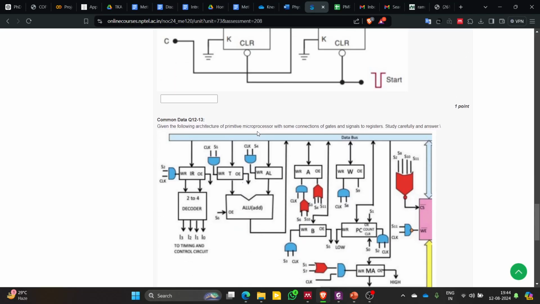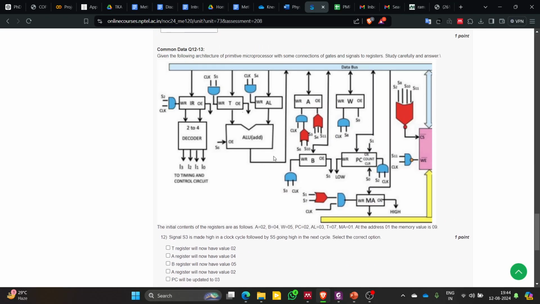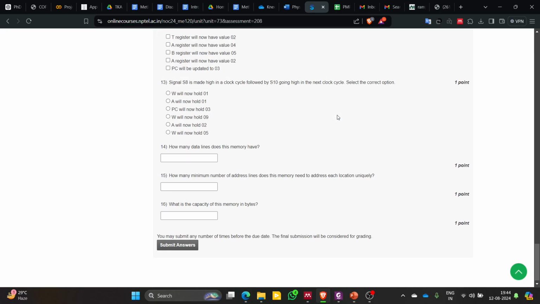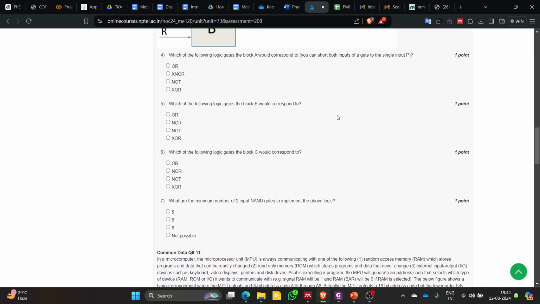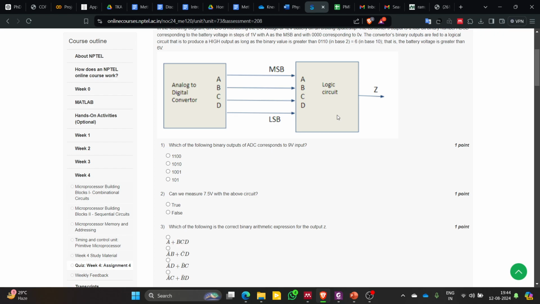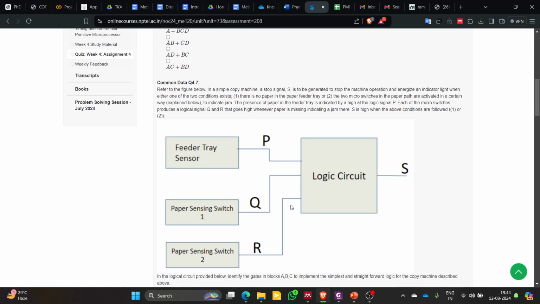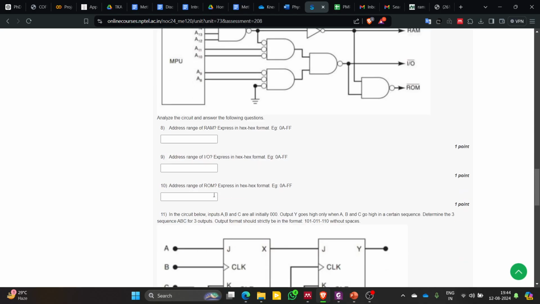I will solve some of these problems, but from week 4 onwards, most of the problems you will get are logical or numerical based, so you can expect something related to this, and you need to answer it numerically.